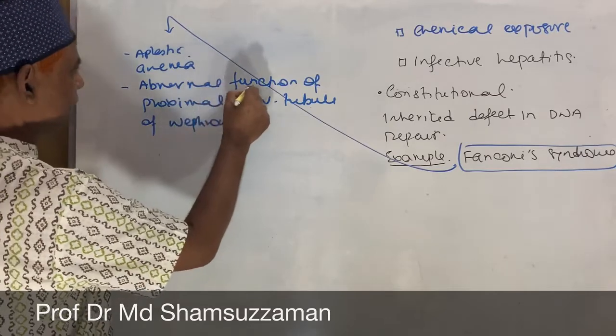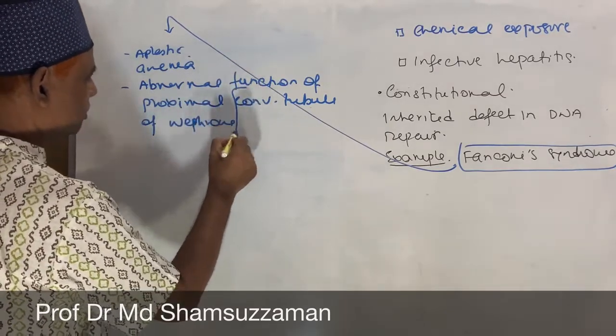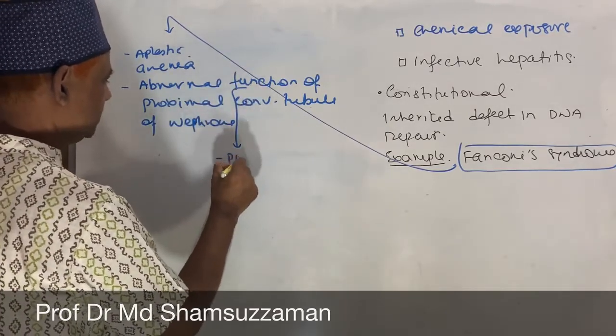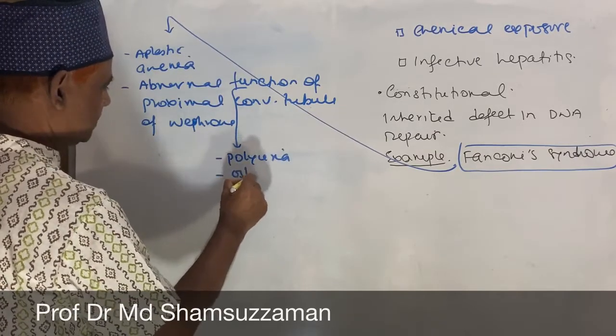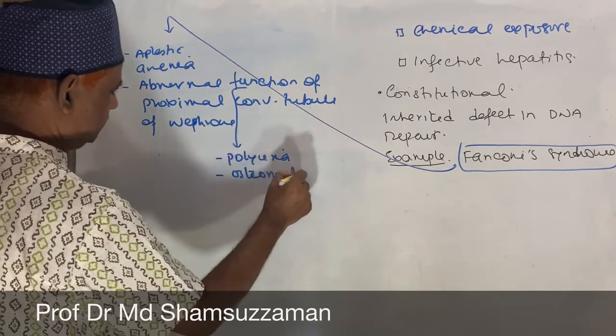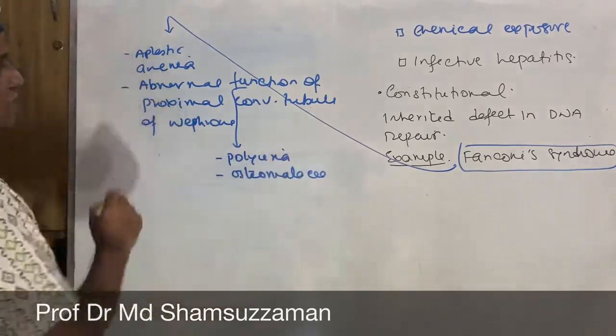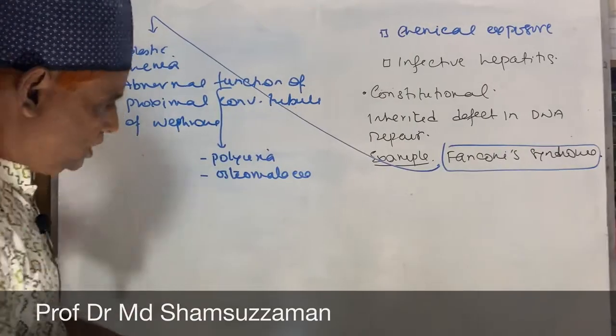As there is abnormal function of the convoluted tubule in the nephron, there is polyuria. There will be osteomalacia, etc. So this is Fanconi's syndrome in brief.